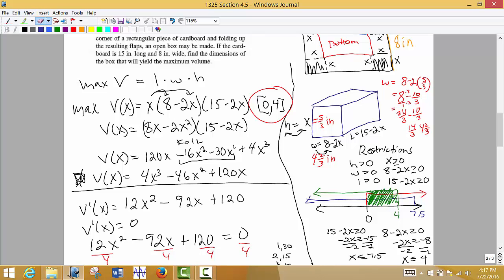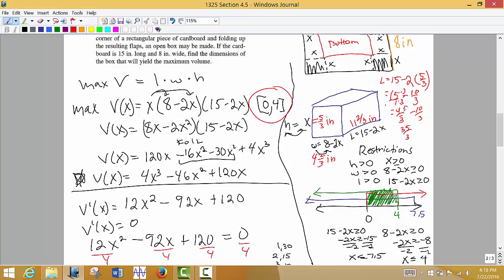And what about the length? The length of the box would be 15 minus 2 times 5/3. So that's 15 minus 10/3. With a common denominator, I end up with 45/3 minus 10/3, so that's 35/3 inches, which as a mixed number is 11 and 2/3 inches.